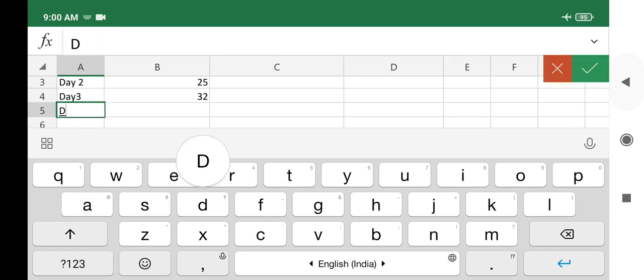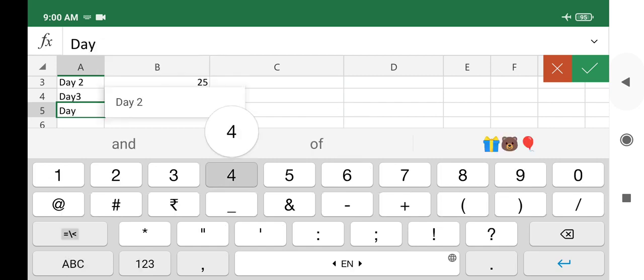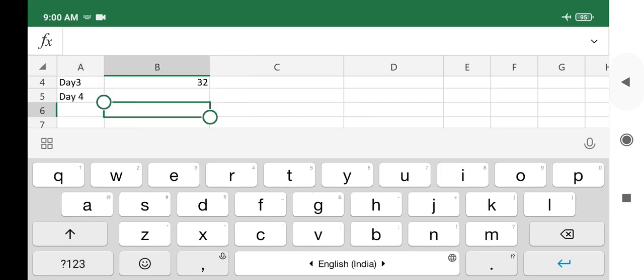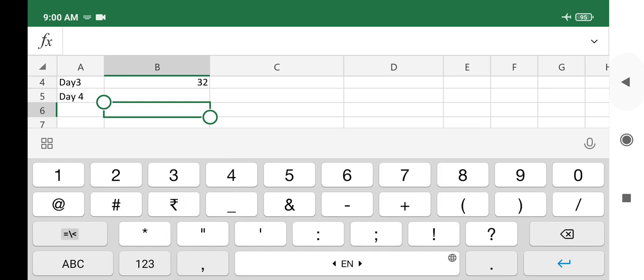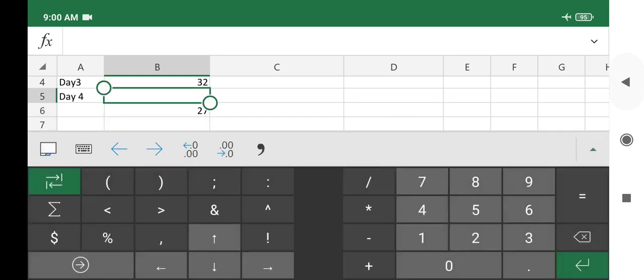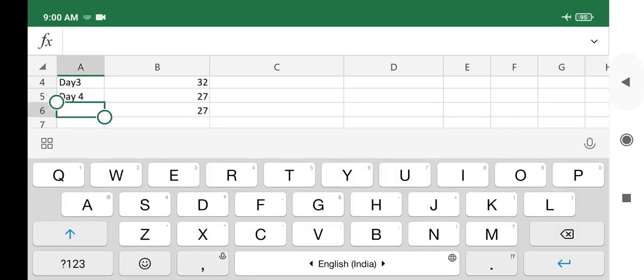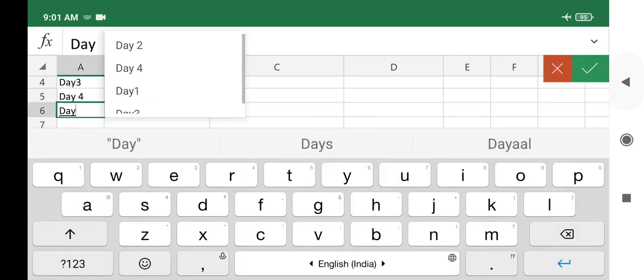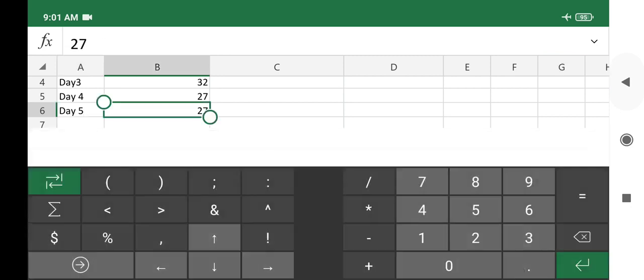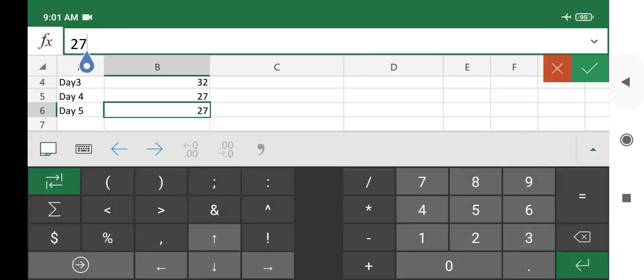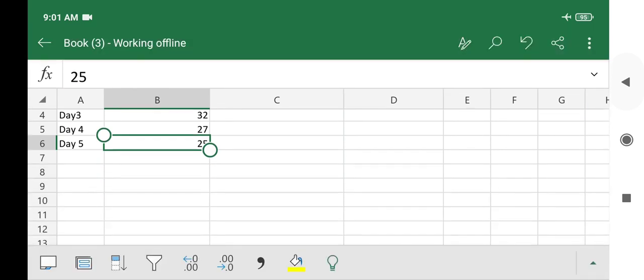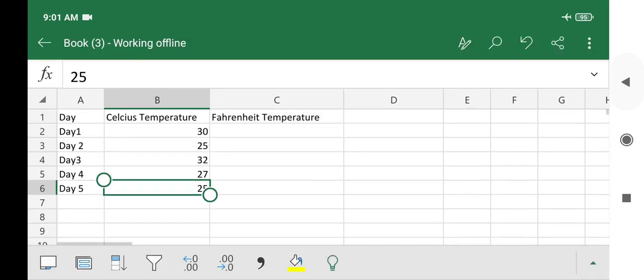Day 4 it is 27 degrees Celsius. Sorry, I'm putting it somewhere else. And day 5 we have temperature 25. In this way we have made our proper table: day 1, day 2, day 3, day 4, day 5.